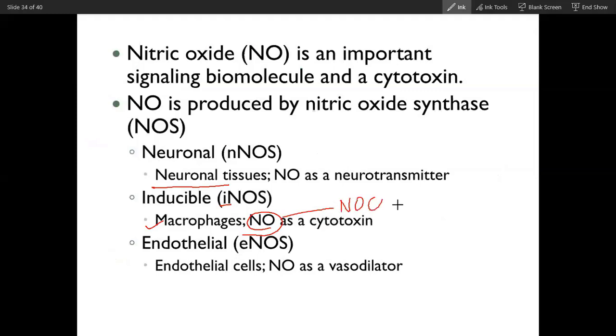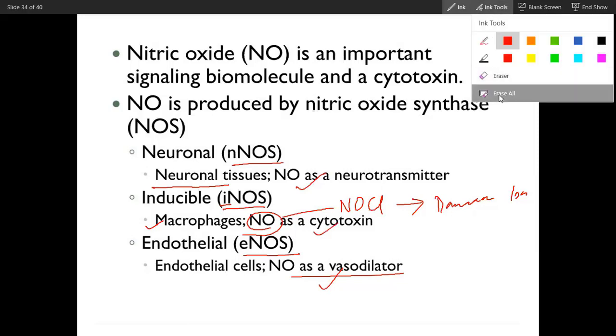It will also react with chloride and damage bacteria. And endothelial acts as a vasodilator. So 3 types: NOS, iNOS, eNOS. So this is a hormone, this is neurotransmitter, this is defense.